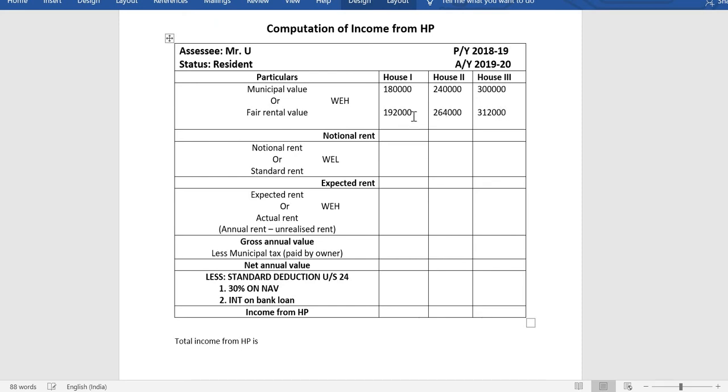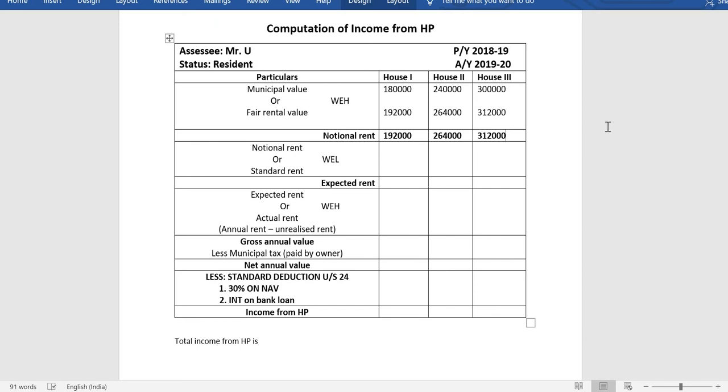Now, out of these two, whichever is higher, that is the notional rent. So the highest value is 1,92,000 for house 1, 2,64,000 for house 2, and 3,12,000 for house 3.